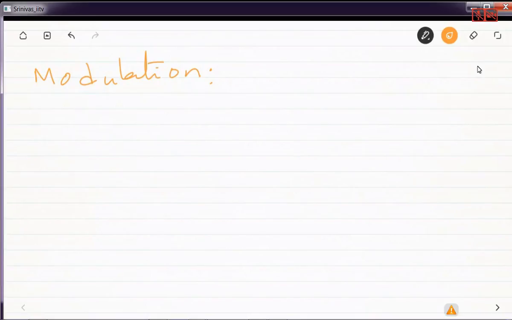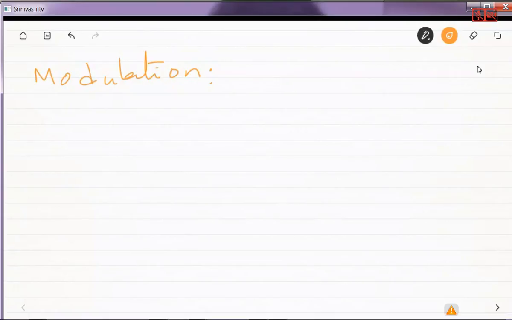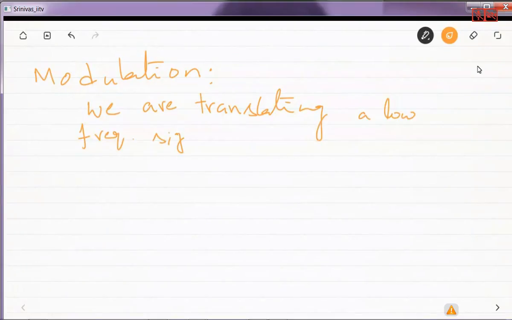In modulation, what we were doing is translating a low frequency signal to a high frequency range.